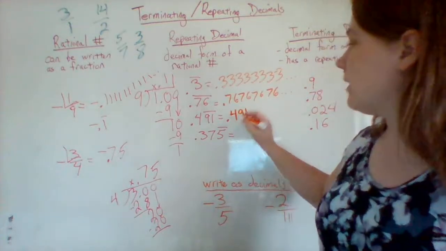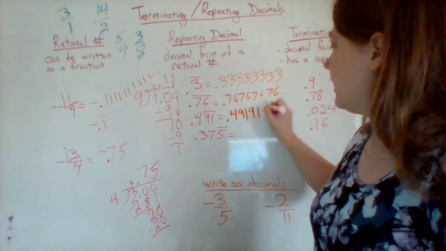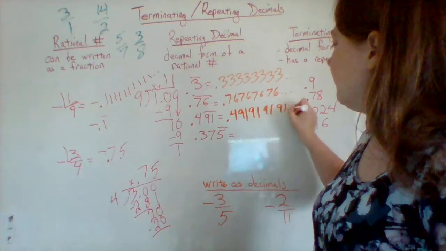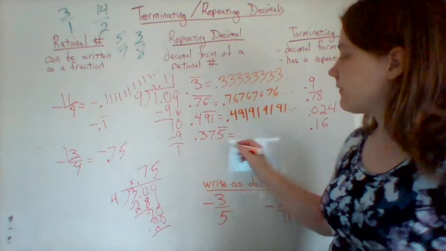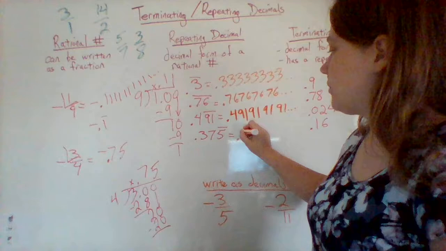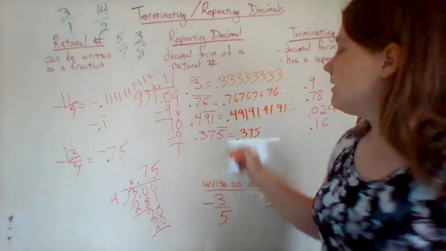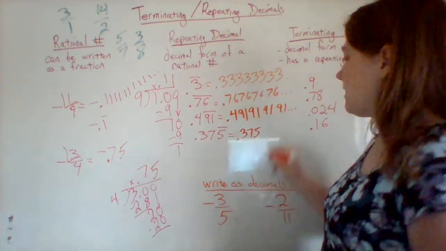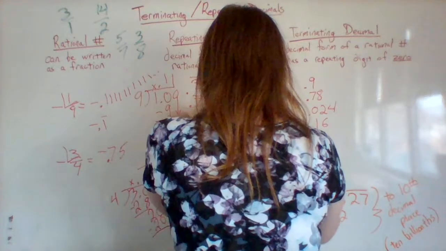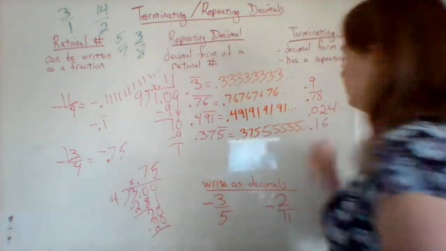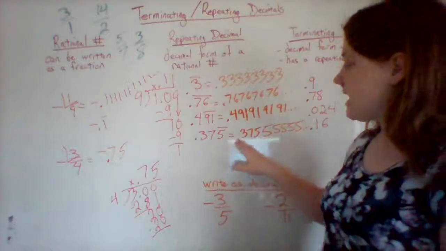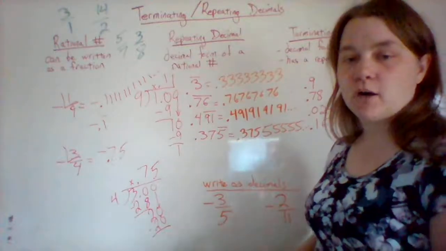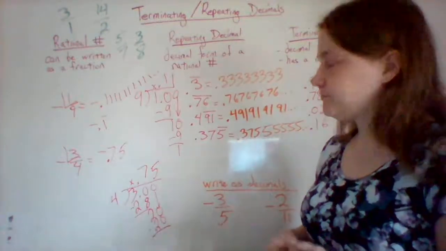It's just going to be 0.491919191, and that'll go on. Same thing for 0.375. The only thing repeating is going to be that 5. So we're going to keep going and going and going. But the 3 and 7, because they're not under the bar, they don't repeat.